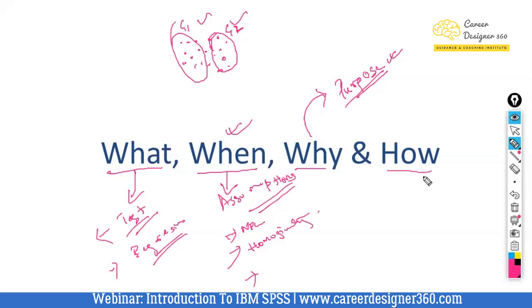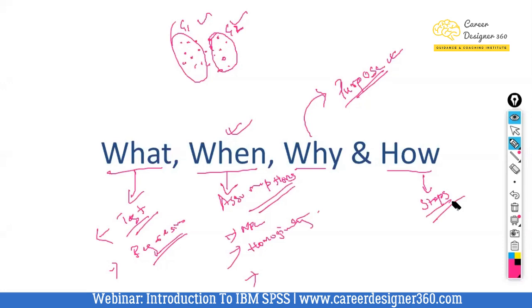The how part is simply the steps involved. So the steps are how you are going to go about your analysis, how you are going to run it on SPSS, how you are going to interpret the output and make meaning out of it.